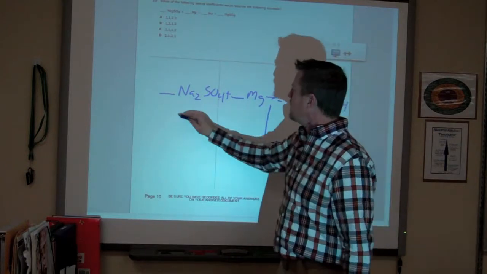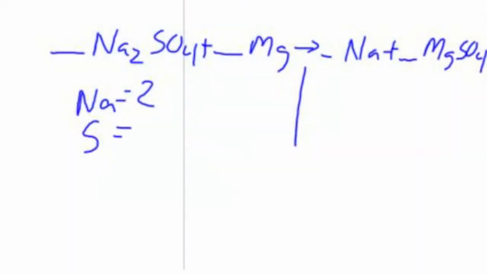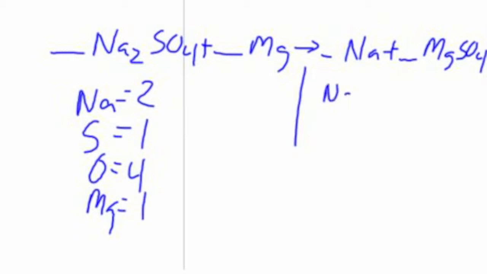How many Na are there? There's 2. How many S's? 1. How many O's? 4. How many Mg? 1. On this side, how many Na? 1. How many S's? 1. Good. How many O's? 4. How many Mg's? 1.